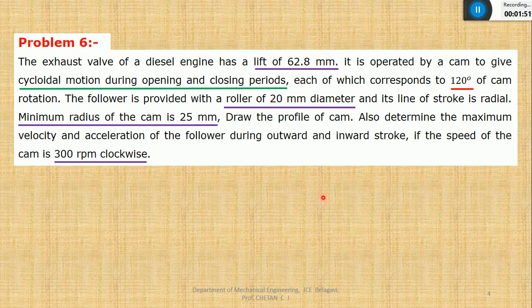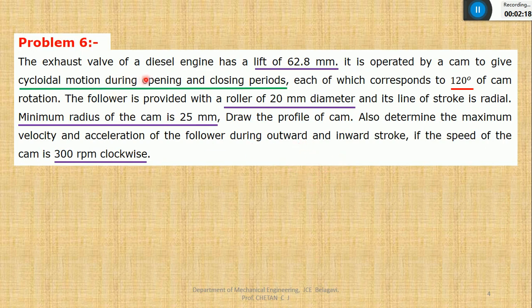To control the opening and closing of those ports, a separate valve will be used. One is for the inlet port, we use the inlet valve, and to control the opening and closing of the exhaust port, we use an exhaust valve. These are operated with the help of a cam and follower.